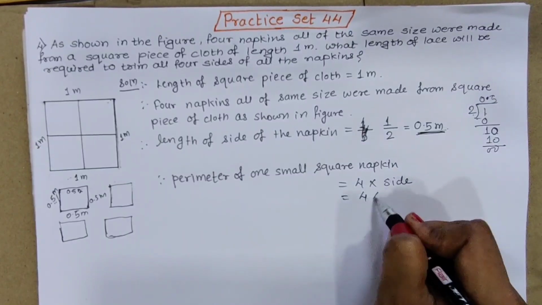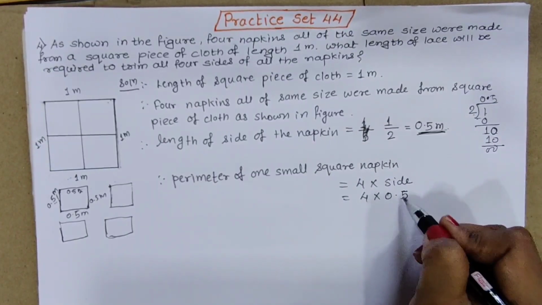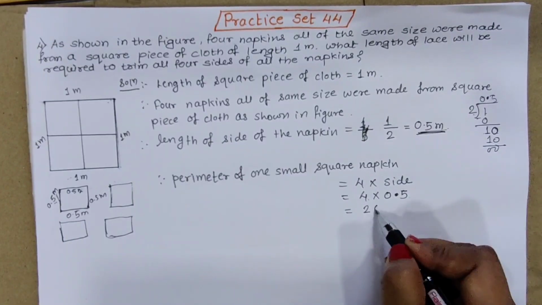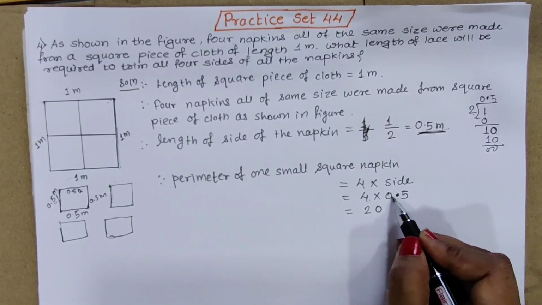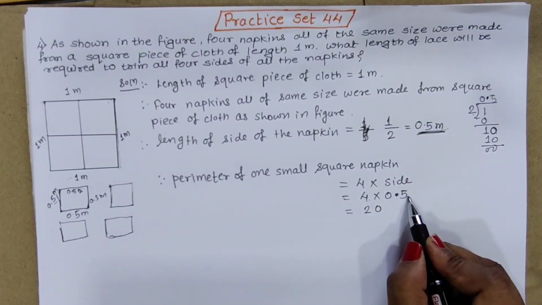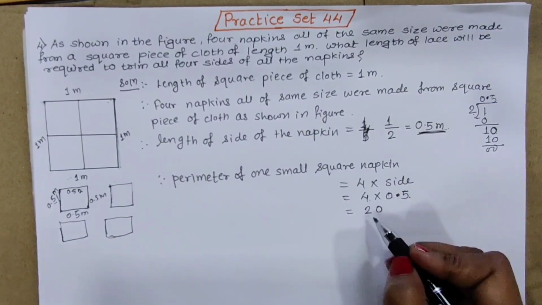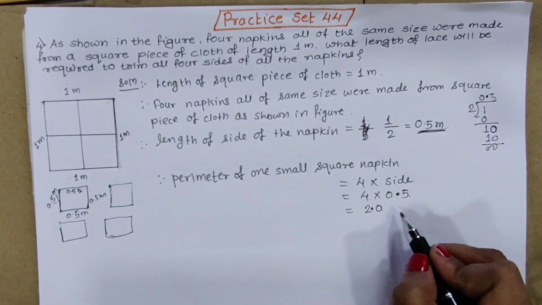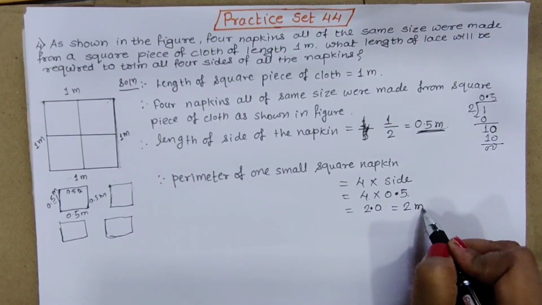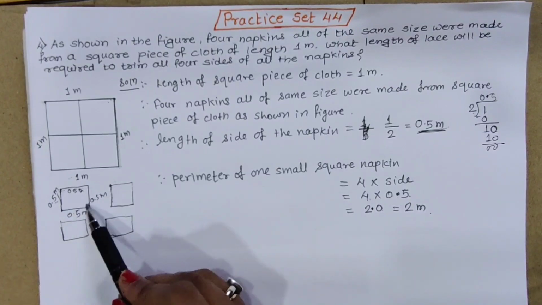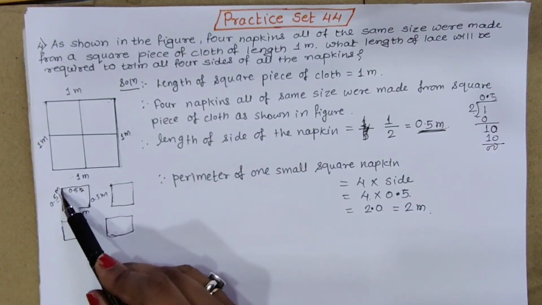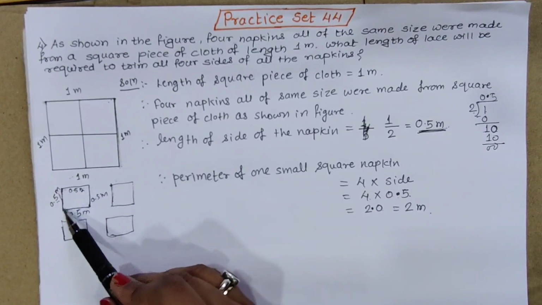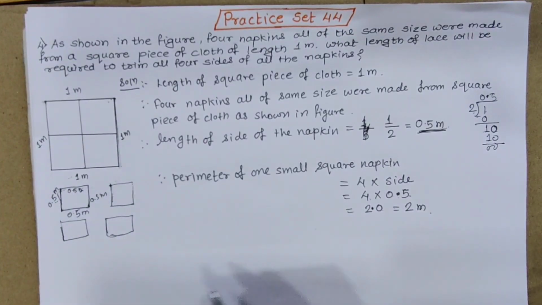So 4 multiplied by 0.5. What will we get? 4 fives are 20. Here it is 0.5, with 1 digit after the point, so in the answer also we have to put 1 digit after the point. That means 2 meter. 2 meter of lace is required. The perimeter of one napkin is 2 meter. That's why 2 meter of lace is required to trim one small napkin.